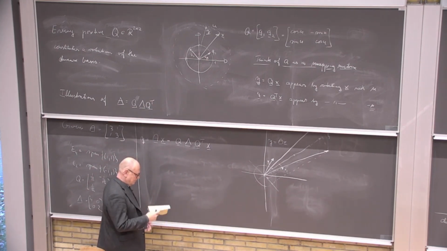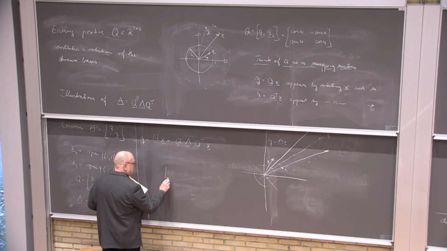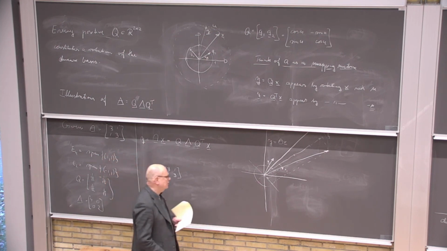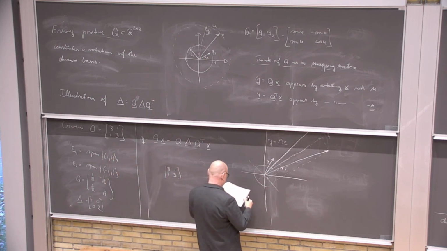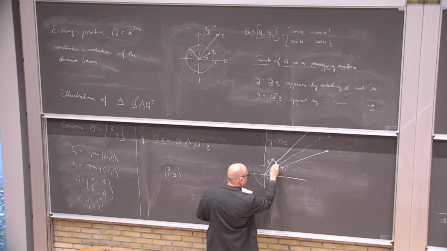Now you can check how good my drawing is, because you can just compute 3, 1, 1, 3, and this vector here would be, say, 1, 2.